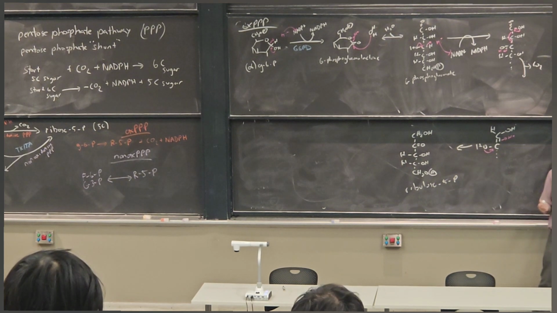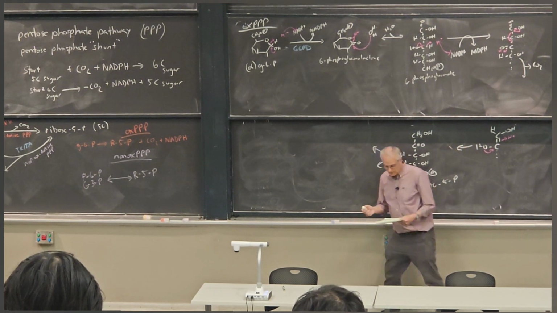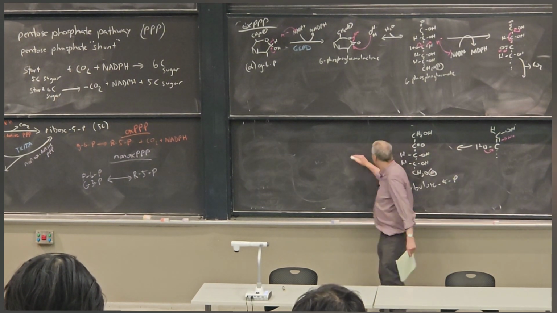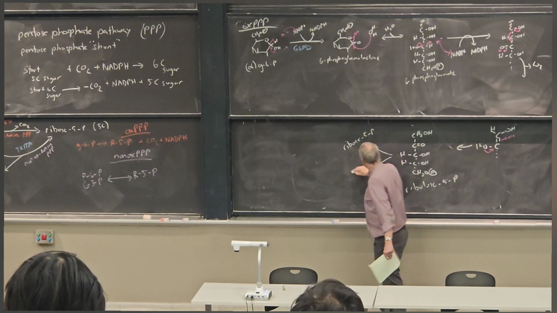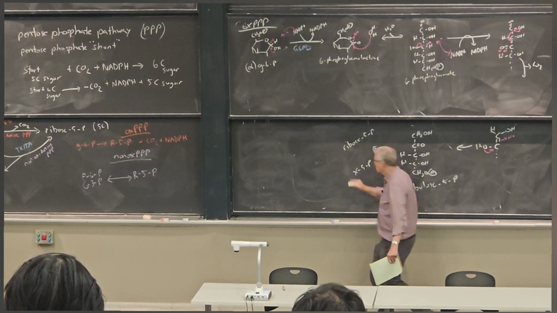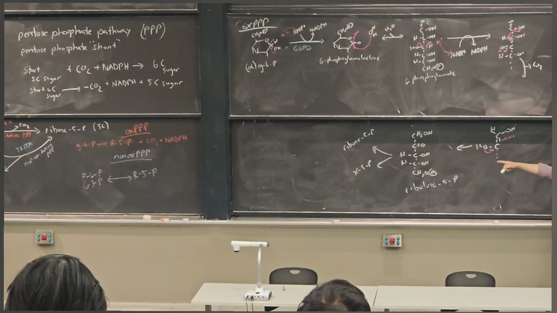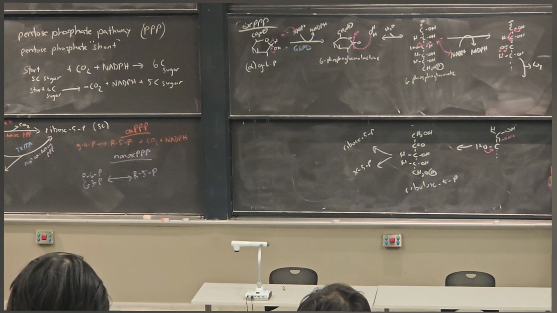Once I have ribulose 5-phosphate, I can use isomerases or epimerases to convert it to ribose 5-phosphate or xylulose 5-phosphate, which are great substrates for transketolase and transaldolase reactions that can give me back 3 and 6 carbon sugars, which I'll show you next time.